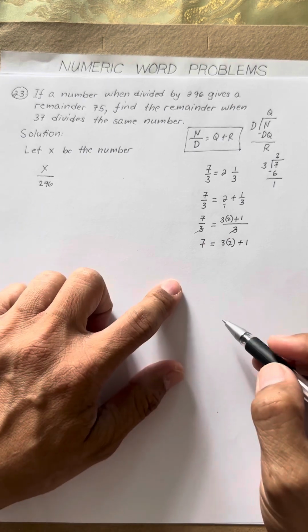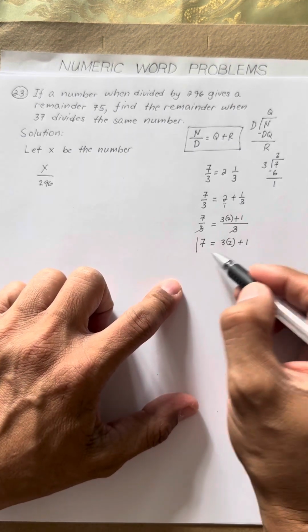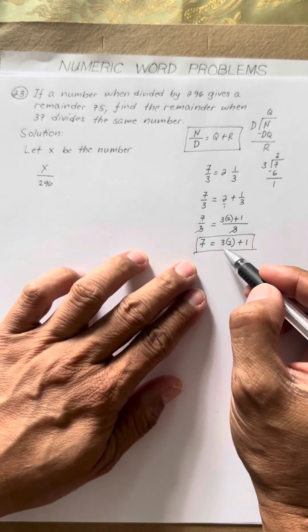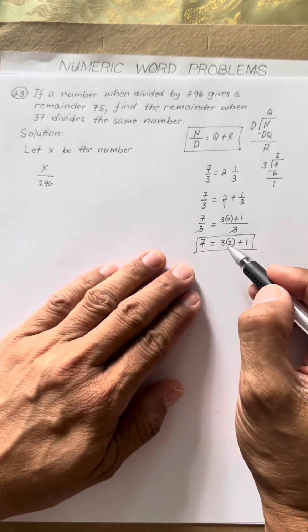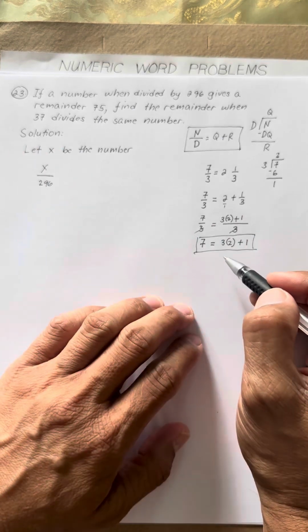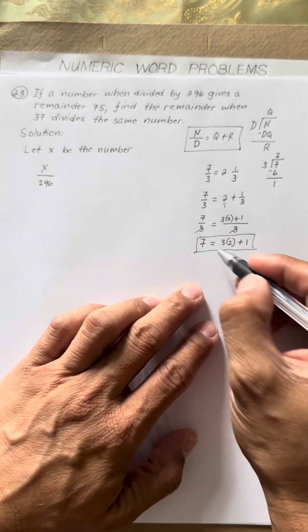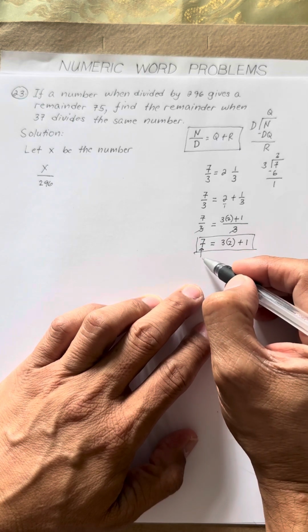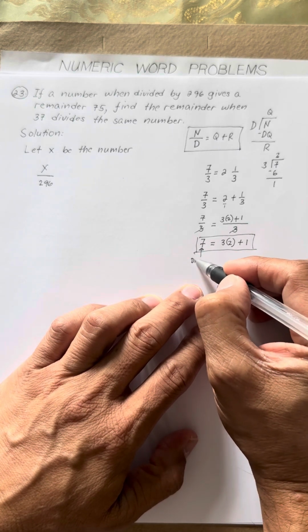Okay, so if you look at this result, listen carefully, because we are going to use this concept in solving this kind of problem. This is the number that is being divided, what we call the dividend.